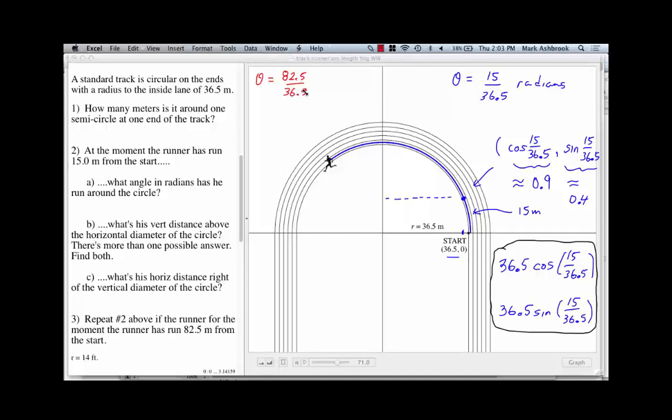Because the arc length ran by the runner is 82.5, and the radius length is 36.5, so if you divide the amount ran by the radius, you should get the radians. We're asking how many radius lengths, or how many 36.5s, fit into 82.5, and that will be the same as the radians. Okay? X coordinates. Morgan.